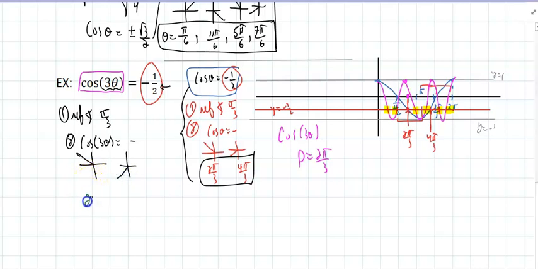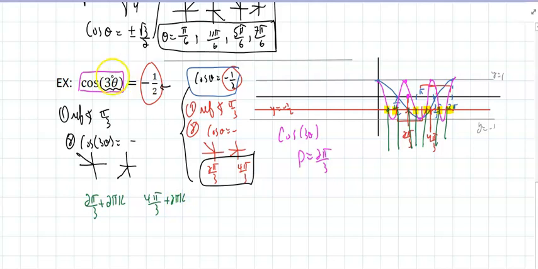In quadrant 2, it's 2 pi over 3. I'll leave some space. Quadrant 3, it's 4 pi over 3. Now, so that I don't have to figure those out by hand and end up spending a very long time trying to see where those are, all I have to do is add the period for sine and cosine. The period for sine and cosine is 2 pi k. For tan and cotan, pi k.